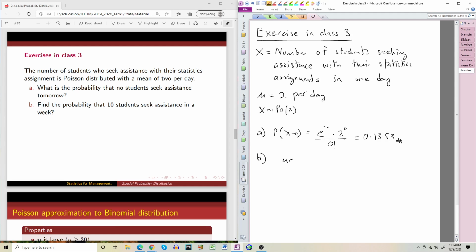The mean of 2 is for 1 day. Now in a week, 7 days. So what do we multiply 2 by here?